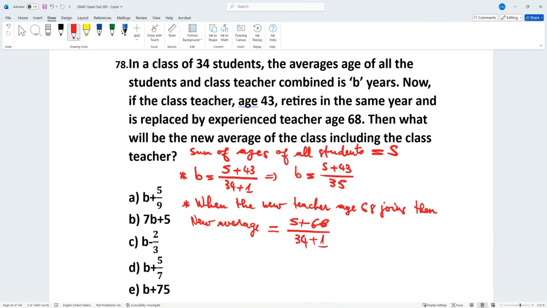So, and also one thing to note here is that it says that the first teacher, who is age 43, retires in the same year that the experienced teacher joins.